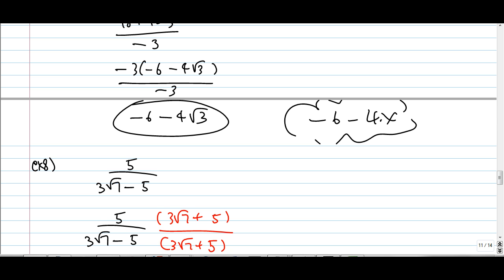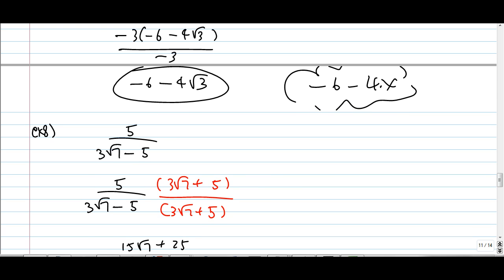Okay, on the numerator, who could tell me what I get on the numerator? The numerator becomes 15 rad 7 plus 25. That's right. Did you all get 15 rad 7 plus 25? What about the denominator? Okay, Soy? 38. Why did we get 38?